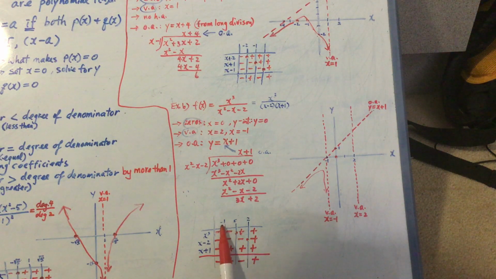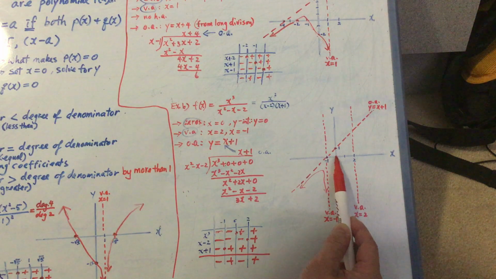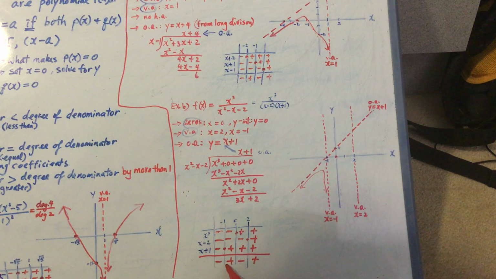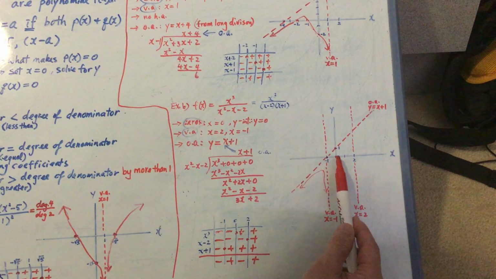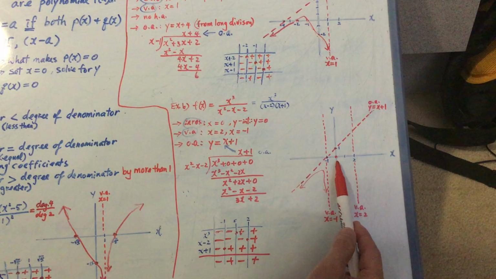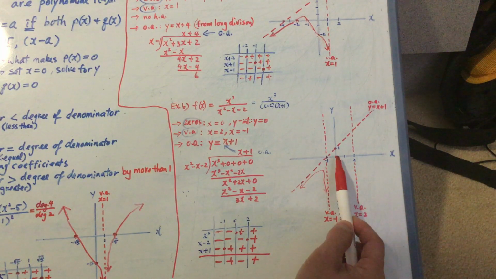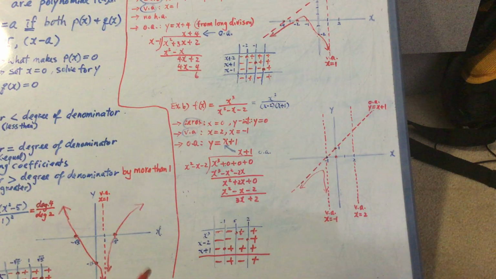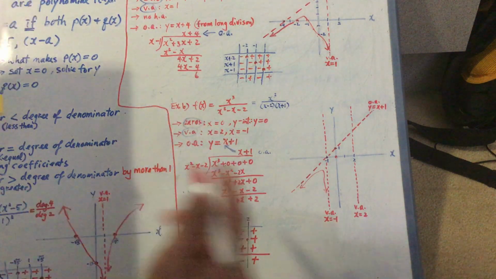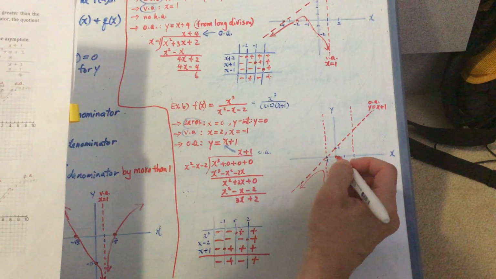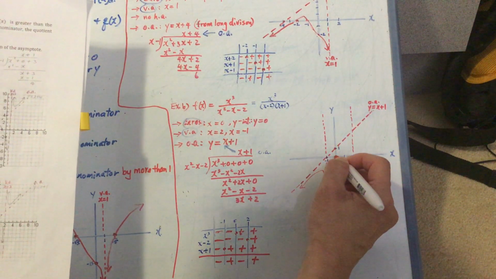And between -1 and 0, I should have positive. So that means between -1 and 0 has to be positive. Am I doing it right? Yes. So here, I should have this in negative, so positive.